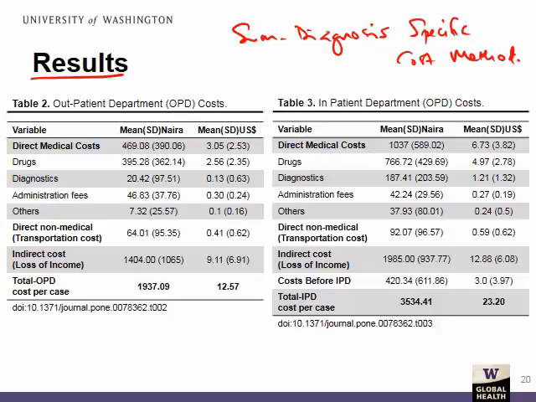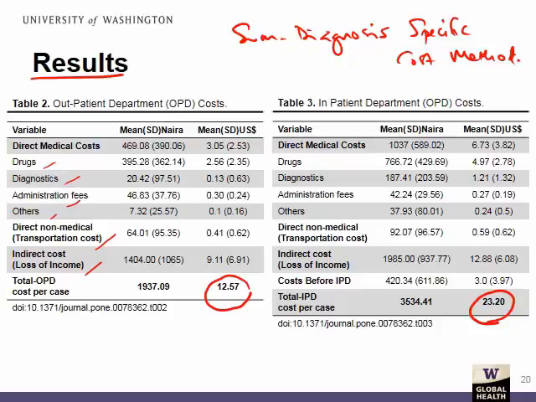So for outpatient, they had drugs, diagnostics, administration, and other fees, and then they had transportation and lost income, and they came up with an estimate of $12. And for hospitalization, they did the same thing. They had the same categories, and they came up with an estimate of $23. So that's all essentially that they estimated.